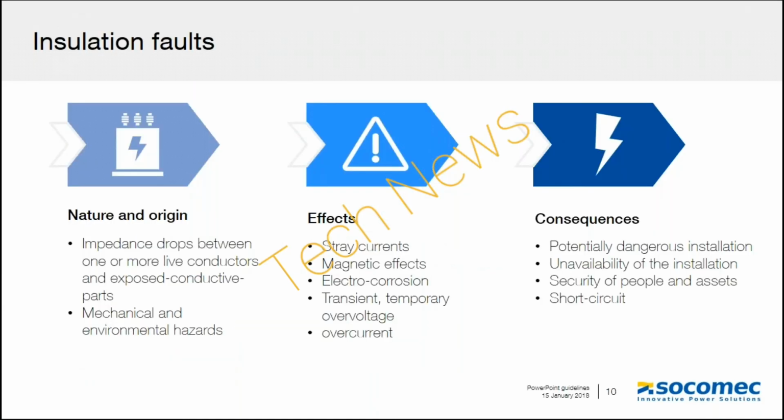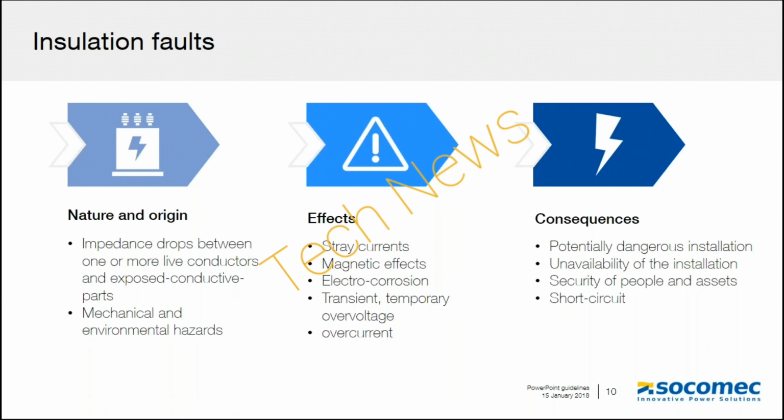So in fact, insulation faults are created by impedance drops between one or more live conductors and exposed conductive parts. These abnormalities can occur when the installation is subjected to mechanical hazards and/or environmental hazards, for example, humidity or corrosion. They generate the circulation of abnormal currents and the presence of voltages, making the installation potentially dangerous. In addition to electrical safety, power availability will also be affected.